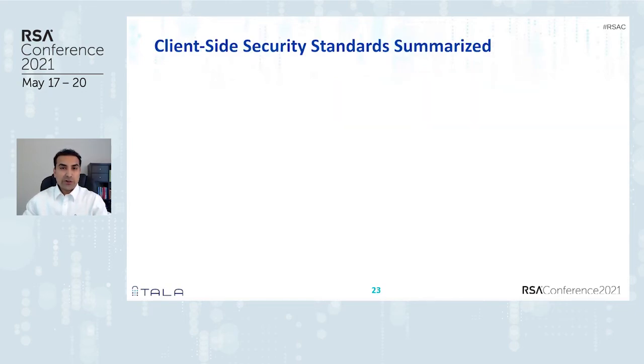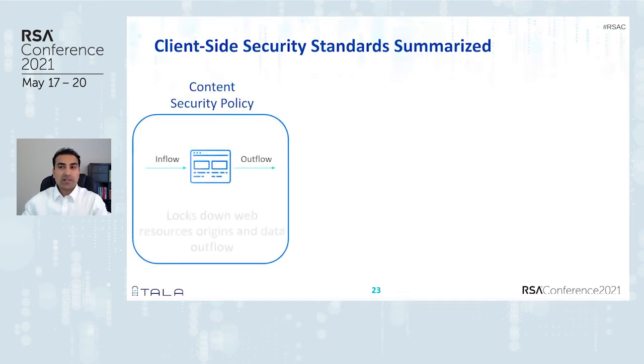Let's take a look at the 3 most important security standards on the client side and how they would have protected your website from the attack that I just demoed. The first one is content security policy. Through this header, you can control what comes in and what goes out. For example, you can list all the third-party domains that are allowed to bring resources into your web application and all the domains that data can be sent out to.